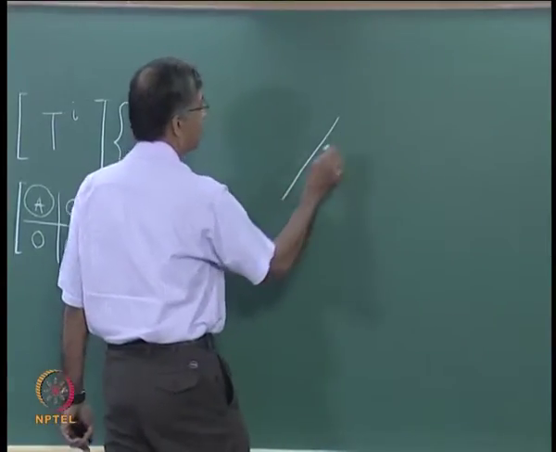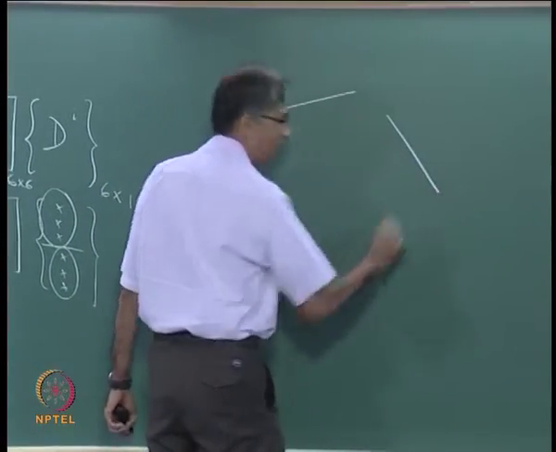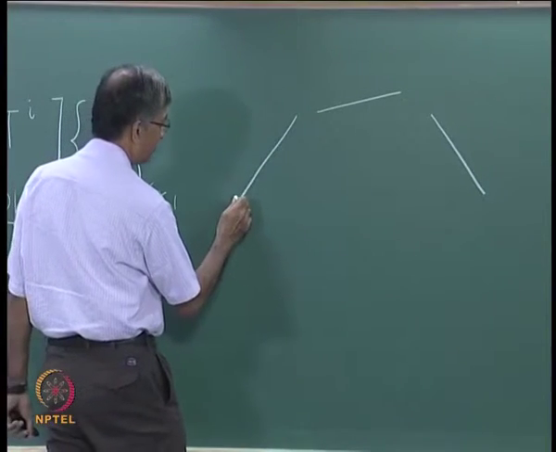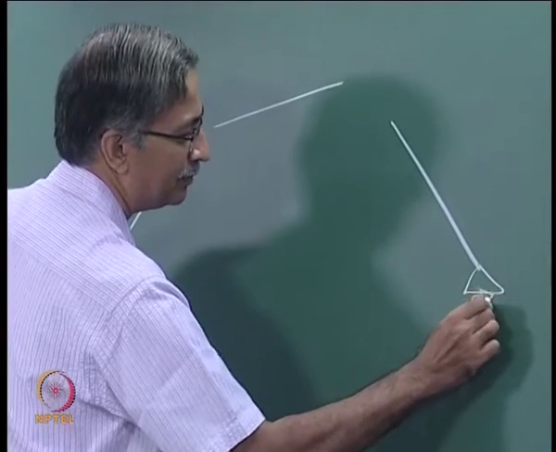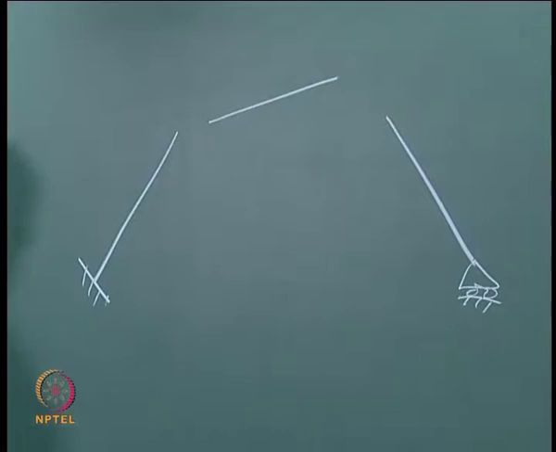Remember, this was our first element, this was our second element, and this was our third element, right? And the structure was fixed here, and had a roller here. So let us look at the active degrees of freedom.